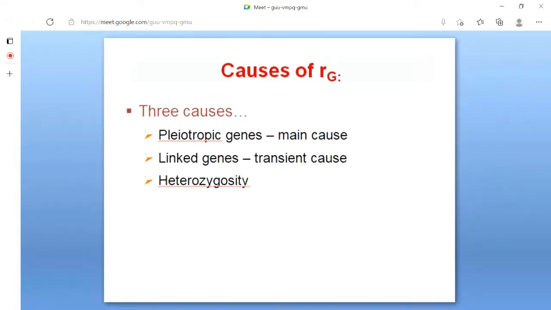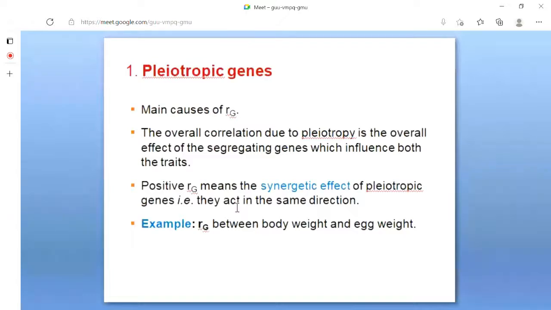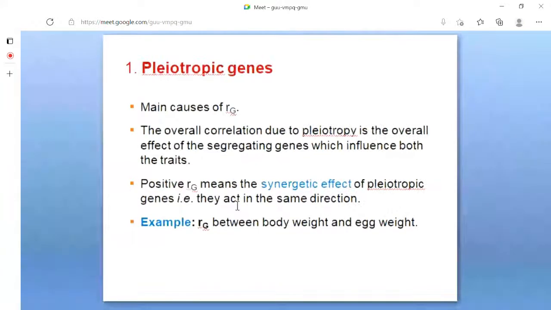So that's why these pleiotropic genes are the main cause of the genetic correlation. The genetic correlation is nothing but both will change, maybe in the same direction or in the opposite direction.